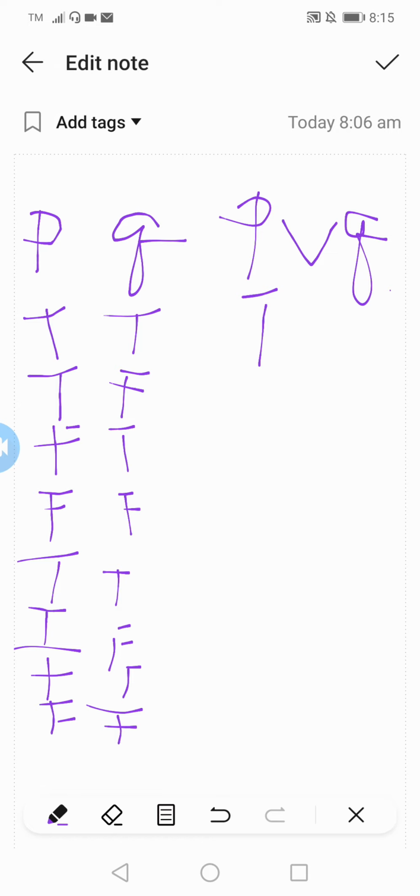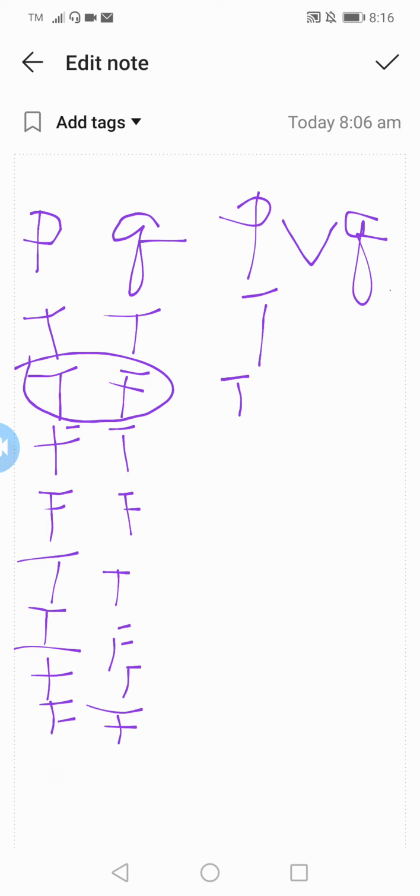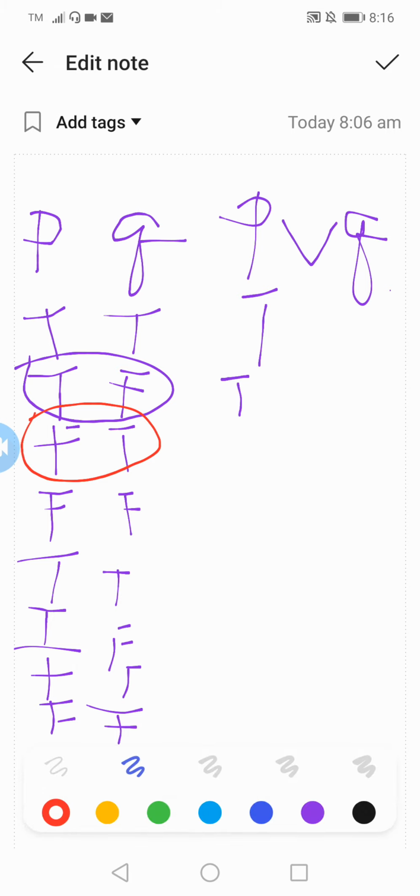Now, in this case, since one of the truth values is true, which is the truth value of your P statement, then automatically this P or Q will also be true. Okay? For the third one, again, the truth value lying at the statement Q is true, then automatically this will again be a true statement.